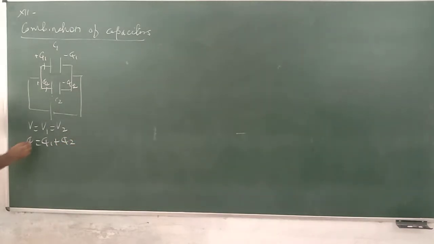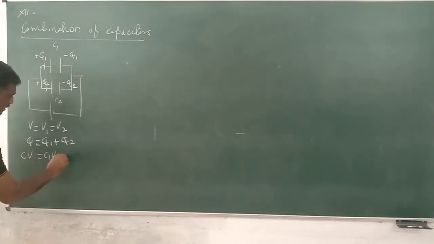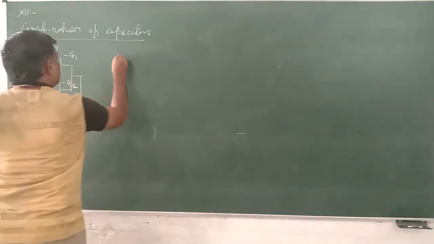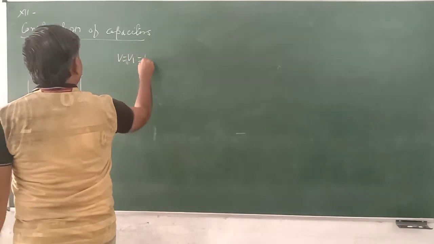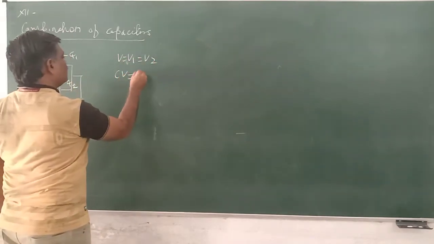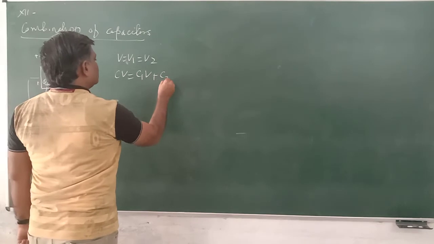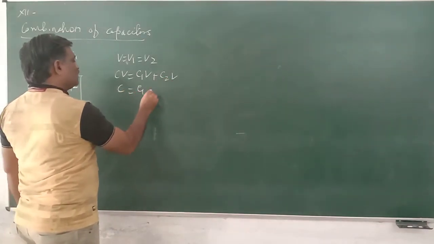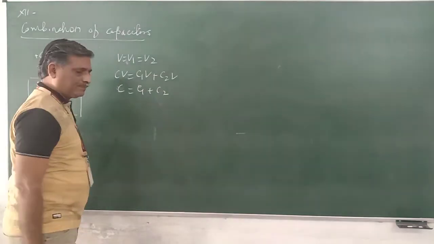We know that Q = CV. With C the equivalent, CV = C1V1 + C2V2. V is the same, V = V1 = V2, so CV = C1V + C2V, or C = C1 + C2.